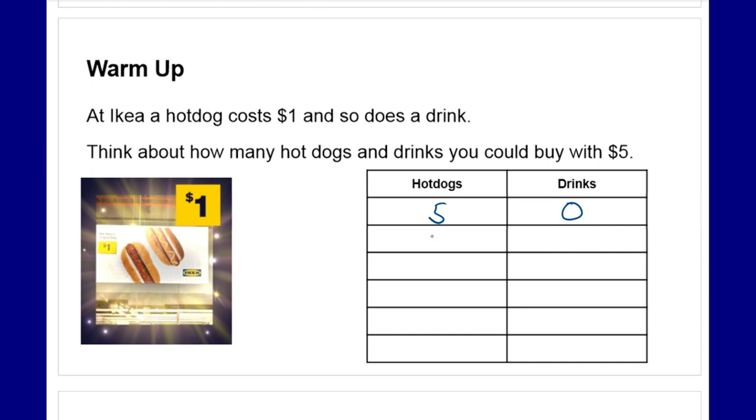Or maybe I get 4 hot dogs and 1 drink. Then I get 3 hot dogs and 2 drinks, or maybe go down to 2 hot dogs, 3 drinks, 1 hot dog, and 4 drinks, 0 hot dogs, and just 5 drinks. Right, so those are all the different situations that we could be looking at with $5.